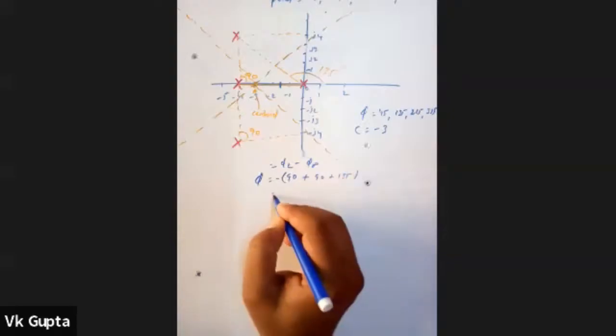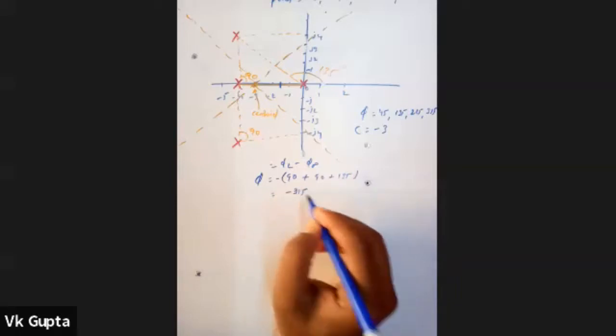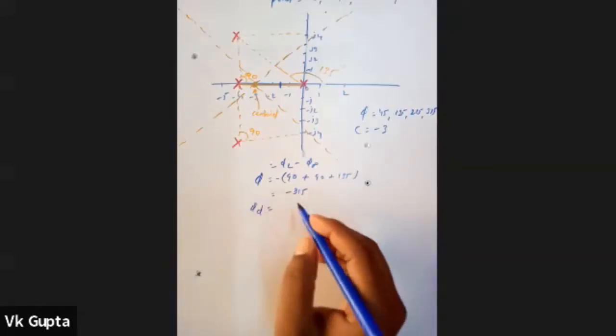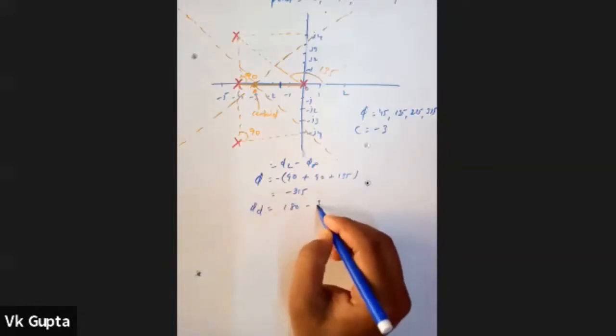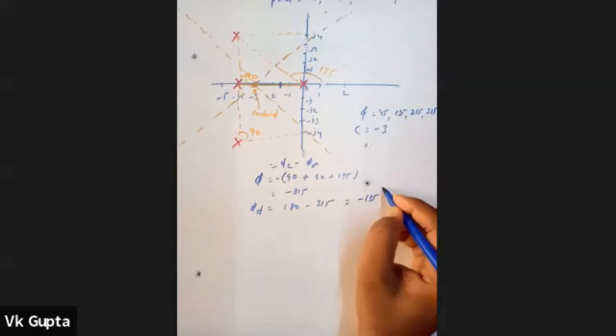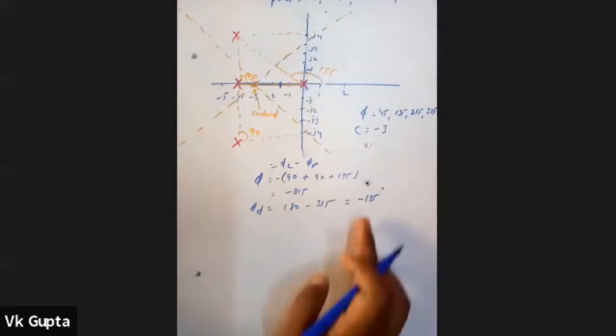So how much it becomes? -315. So what is phi D? Angle of departure 180 minus 315. How much? Minus 135. That is correct answer, not minus 45. Please check.